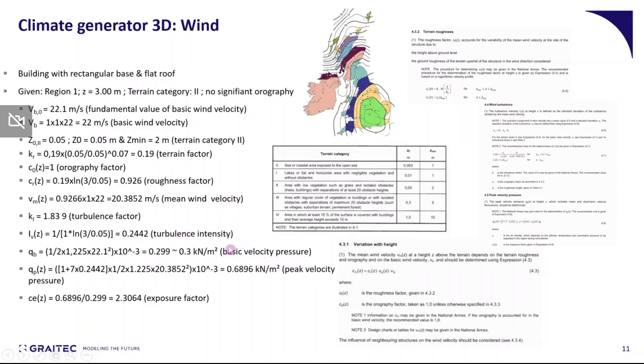Using all those parameters, the basic velocity pressure is calculated, and using all those parameters and the basic velocity pressure, the peak velocity pressure is identified.